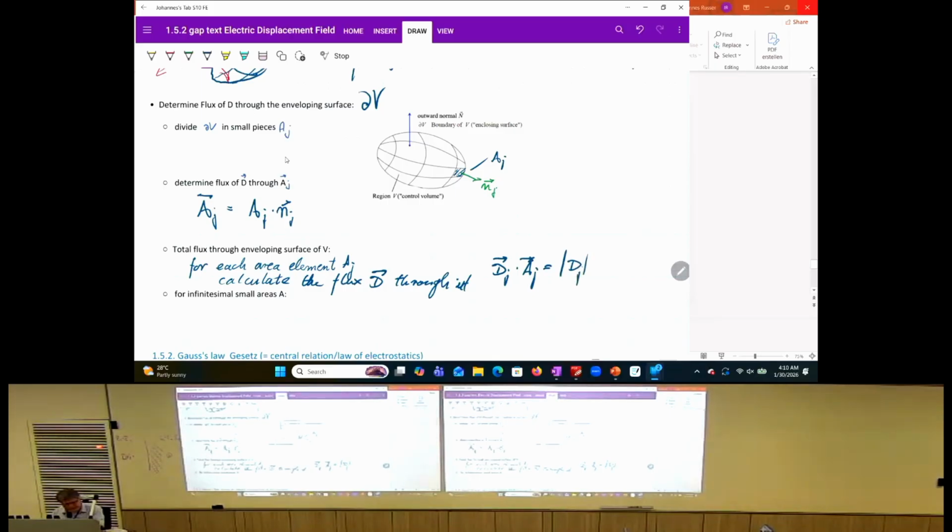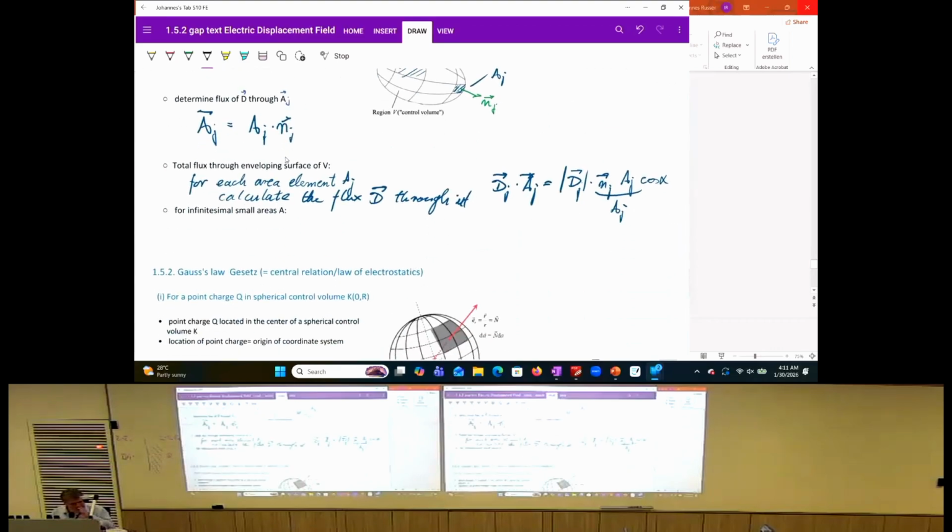You have to make sure that you project the d field onto the normal vector, and if they have some angle with each other, the normal vector and the d field, then that is found in this relation, alpha, which is the angle between the normal vector and the d field, and that gives you the flux element.